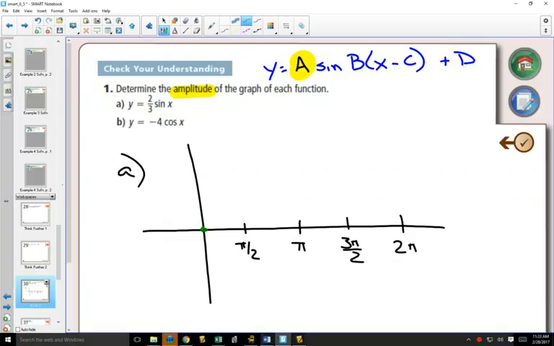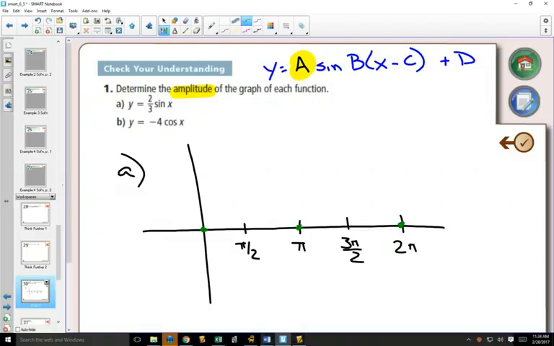Well, we had a point at 0, 0. Can you see that when you multiply that Y value by 2/3, it's going to stay at 0, 0? Same thing for this point, which is at pi comma 0, and the point at 2 pi comma 0. When you multiply your Y value by 2/3, it's not going to change.